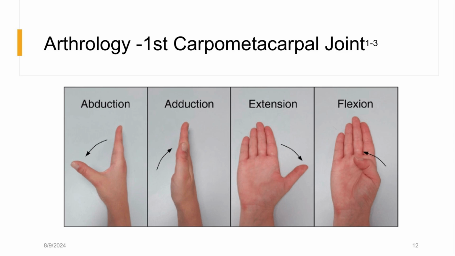Okay. Now abduction is different. Abduction is moving your first metacarpal away from your second metacarpal. So moving away like so, and going back towards that is adduction.